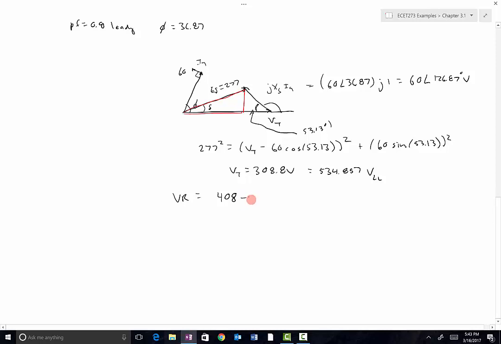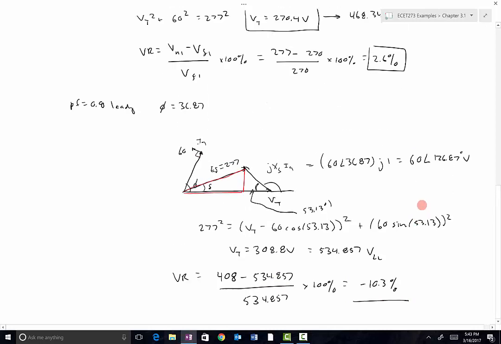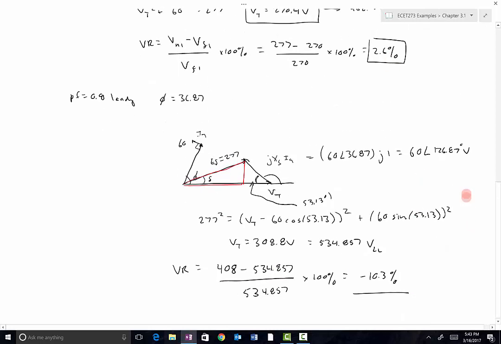Since I did phase in the previous example, I'm going to do line to line here. So that's 480 minus 534.857. So V no load minus V full load over V full load, 534.857. And I multiply that by 100%, and I get negative 10.3% since the output voltage is higher. This is called negative voltage regulation, and this is called positive voltage regulation right there.